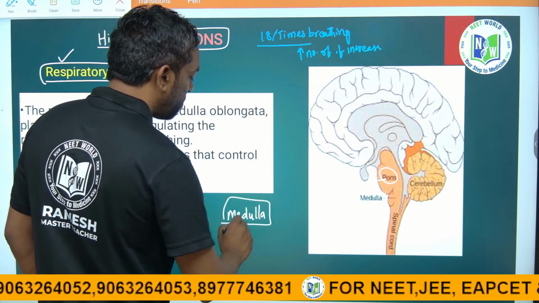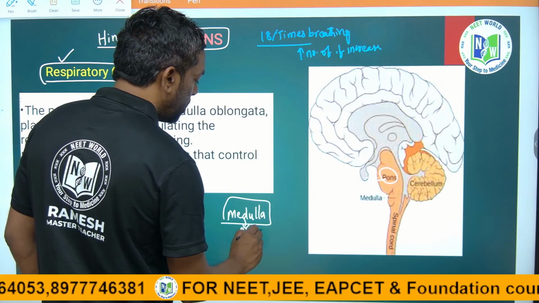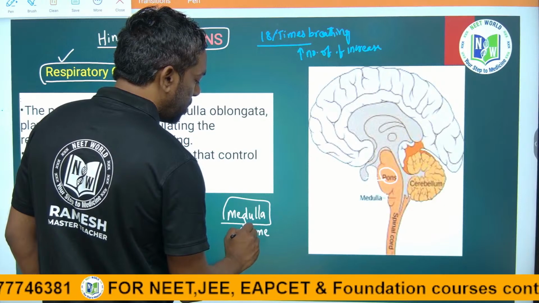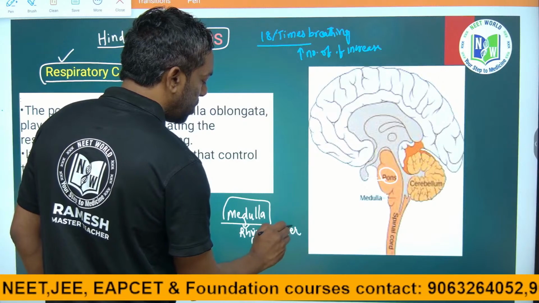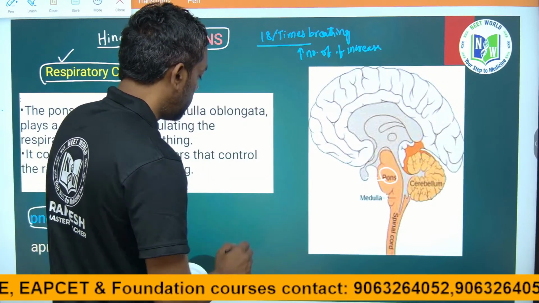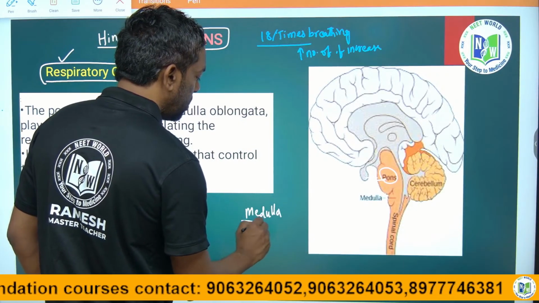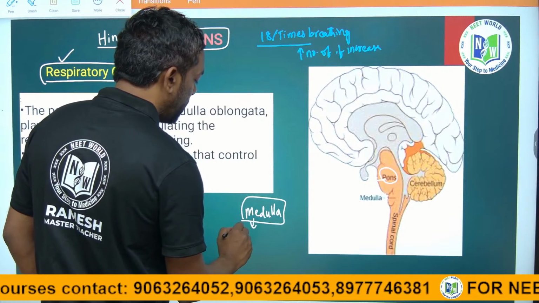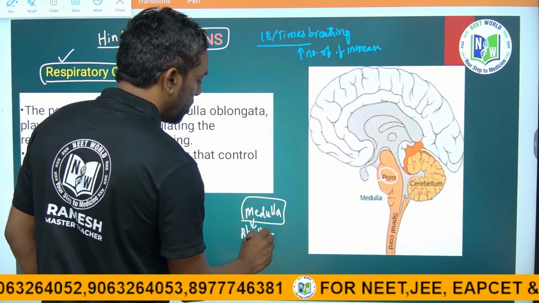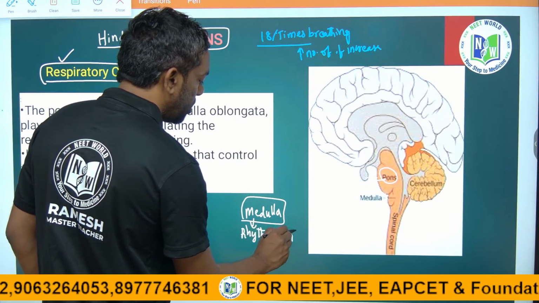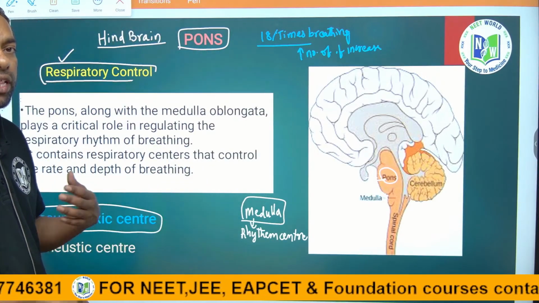In the medulla there is a part, the medullary rhythm center. The medullary rhythm center is involved in deep breathing.